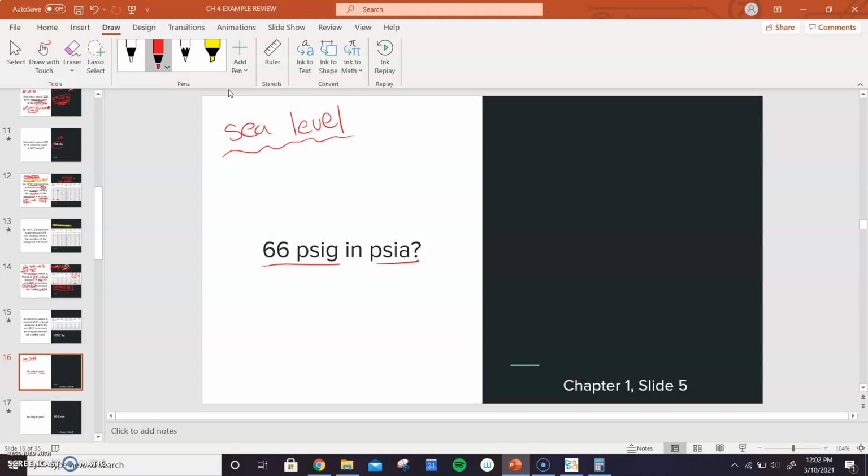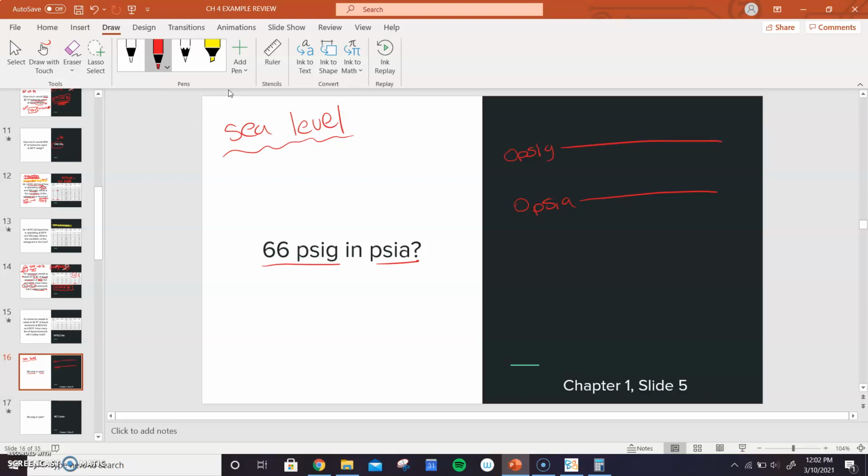so let's draw it out. We're going to have 0 PSIA, a little line, and 0 PSIG is above that.